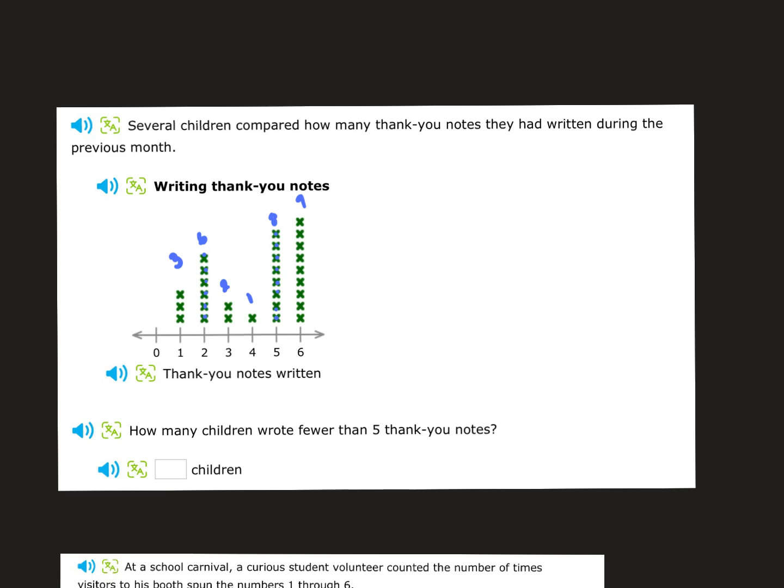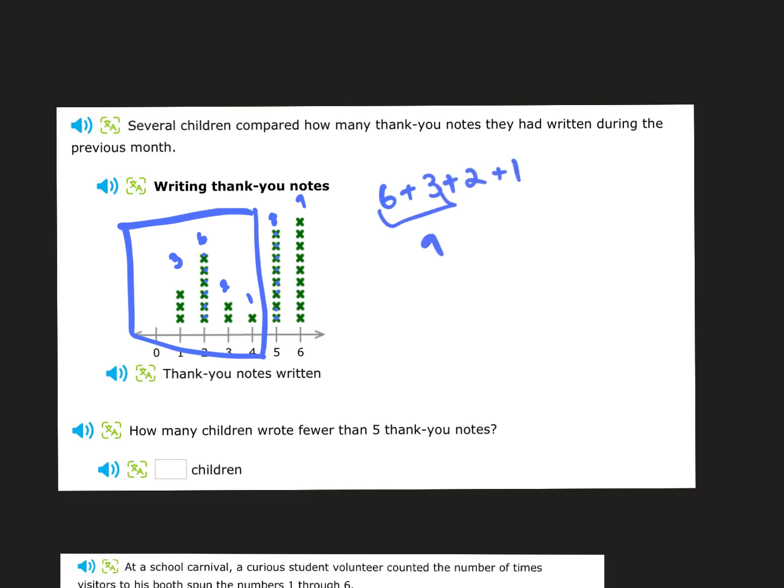How many children wrote fewer than 5 thank you notes? So less than 5, we would just add up all of these. We would have 6 plus 3 plus 2 plus 1. So that gets me 9, 10, and plus 2. So we would have 12 students in total.